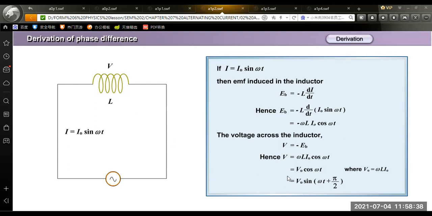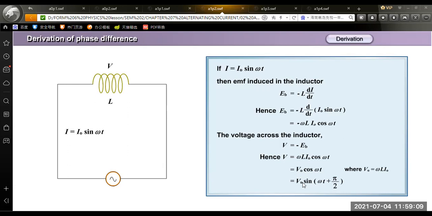So V, the potential difference, is equal to omega L I naught cos omega t. V naught is omega L I naught, so V is equal to V naught cos omega t, the maximum voltage.